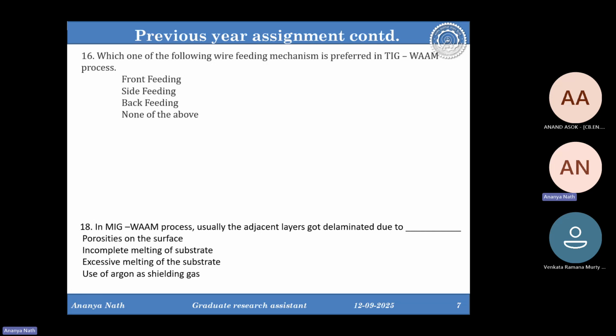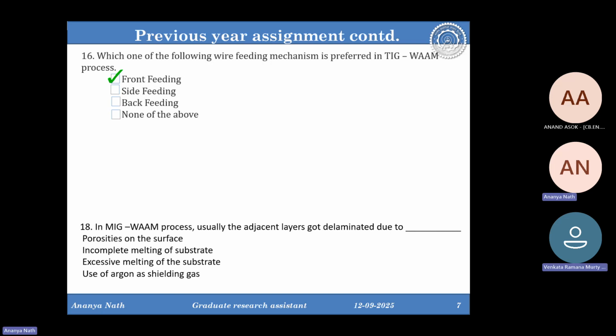Which of the following wire feeding mechanisms is preferred in TIG? Side feeding, or front feeding. In side feeding, when you're going from left to right, the directionality is present. But when it's front feeding and you don't have the rotating thing, it's better.